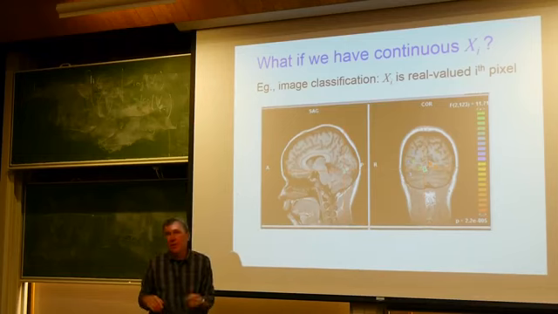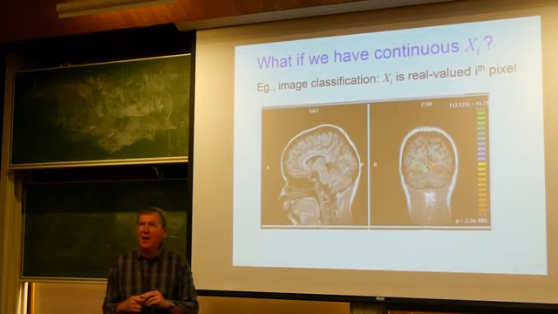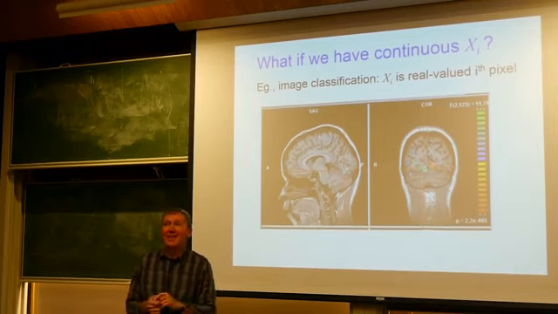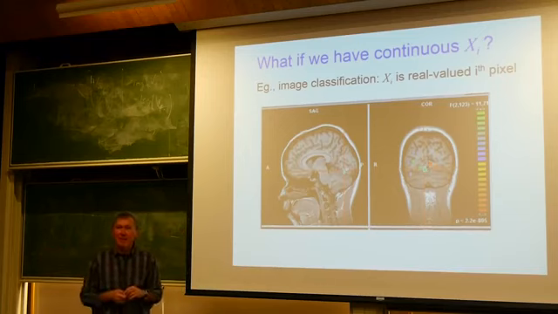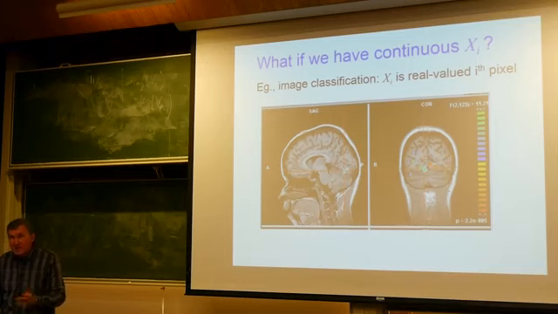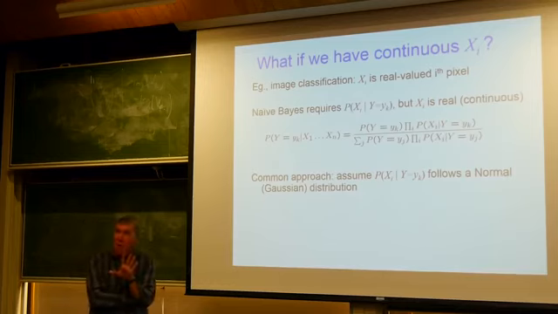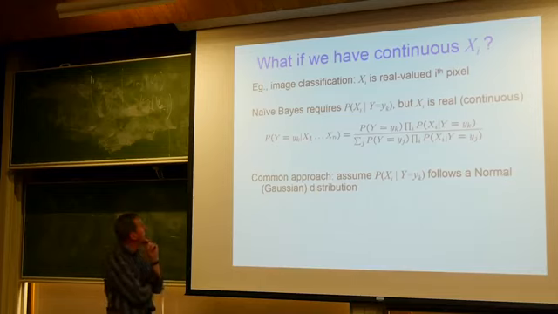Or similarly for a photograph, if you're trying to train a photograph classifier to tell if your mother's there, then you could do the same kind of thing. Or any real value. Okay, so we'll use this to illustrate. So what can we do here? Suppose we still want to use naive Bayes, but we have continuous values for our x sub i's.